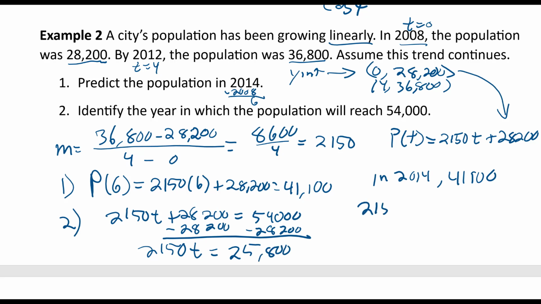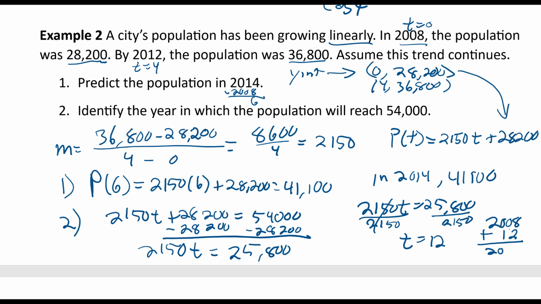Then we divide by 2,150. And what does t equal? 12. 12 years after this starts. So 2008 plus 12, it's going to be in 2020. So in 2020, they should have been at 54,000 people. Okay, hope that makes some sense.